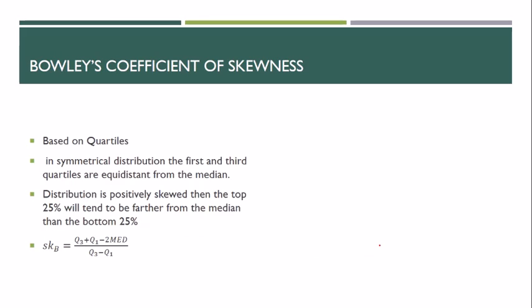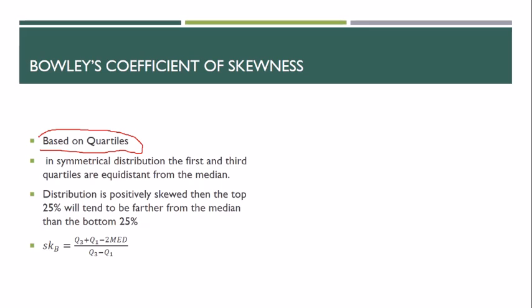Now the other measure is called Bowley's coefficient of skewness, which is based on the quartiles. A peculiarity of this measure is that in a symmetrical distribution, the first and the third quartiles are equidistant from the median, as you all know.